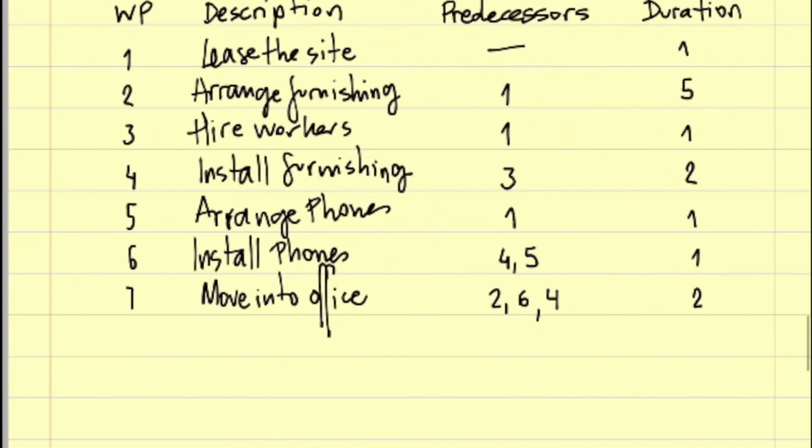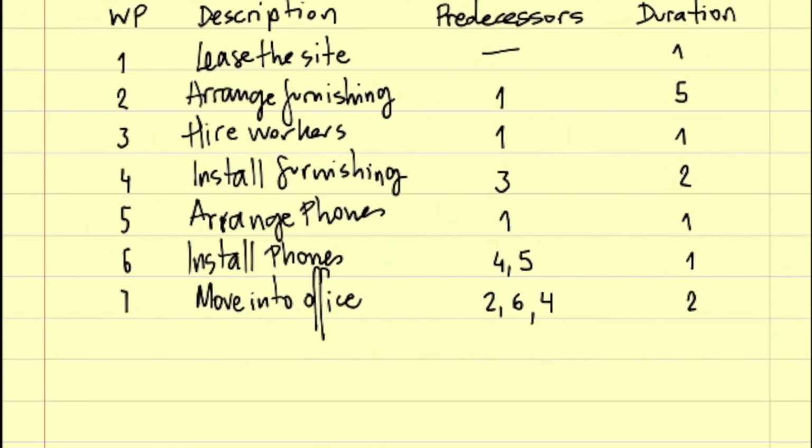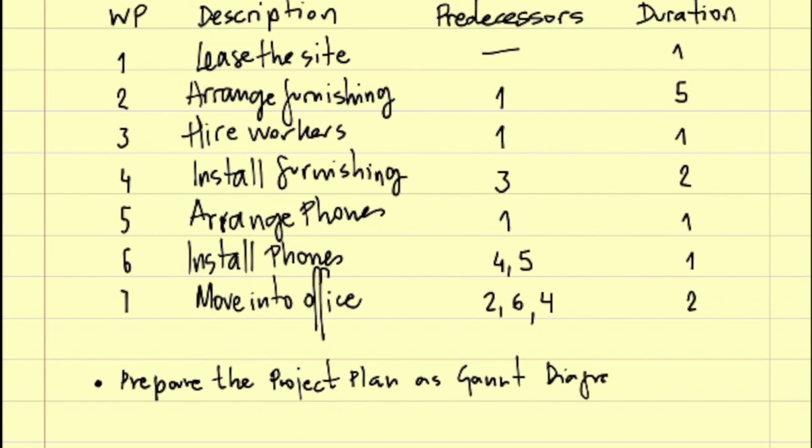Okay. And the exercise, for Laura, your question before, this is similar to what I asked in the exam. First, prepare the project plan as a Gantt diagram and as a graph.